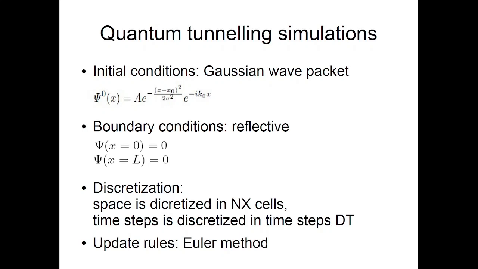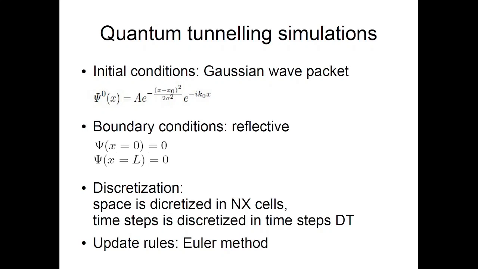For the initial conditions in this particular case, we are going to use something pretty simple, a Gaussian wave packet, which looks like these two exponentials multiplied by an amplitude. The amplitude, once again, is a constant that we use to normalize the wave function.